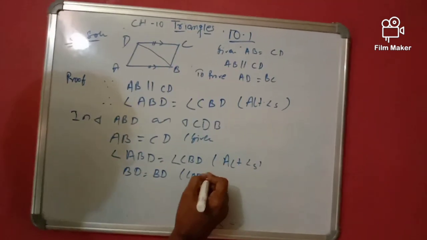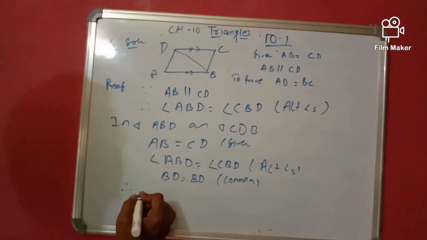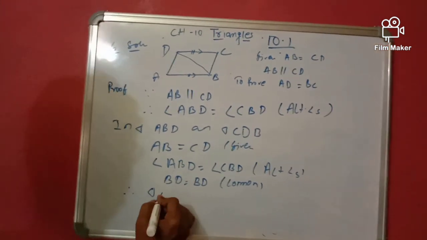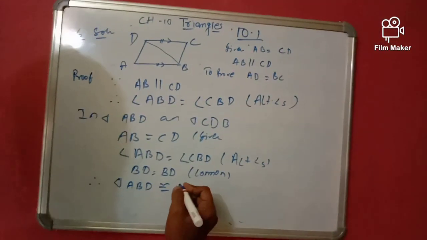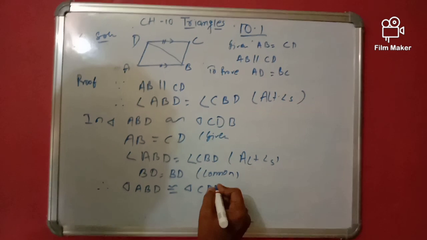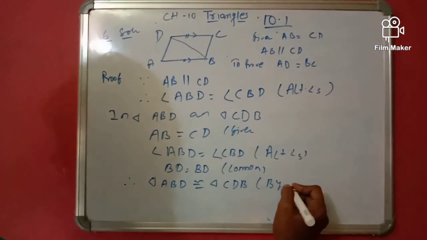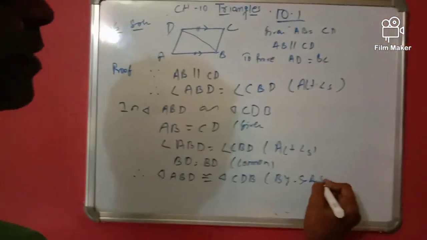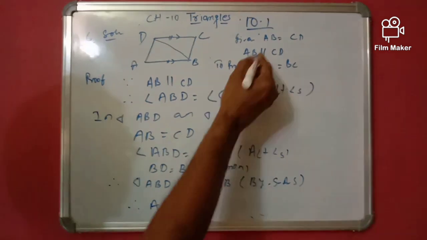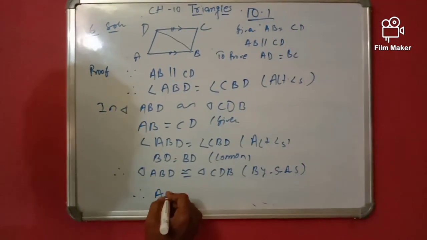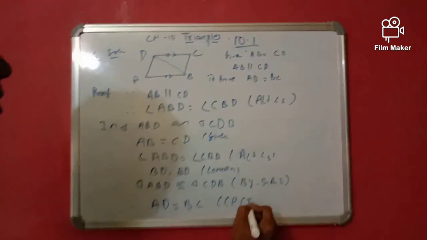Therefore triangle ABD is congruent to triangle CDB by the SAS rule. Therefore AD equal to BC by CPCT.